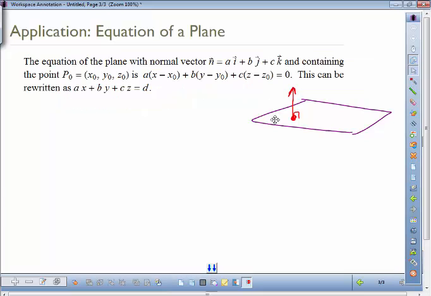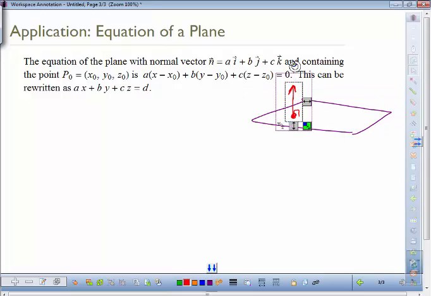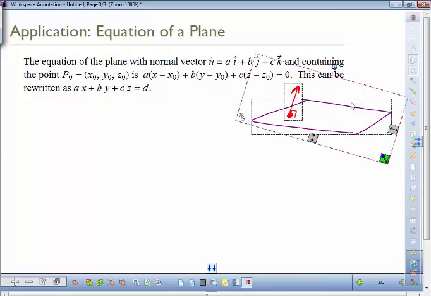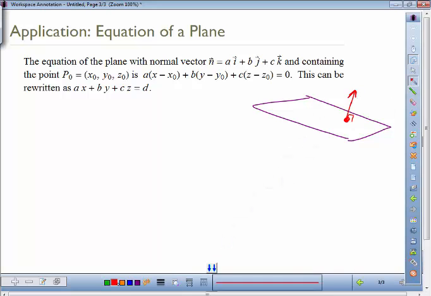Let's see if I can illustrate what I'm trying to say. If you take your vector and rotate it a little bit, then it's not perpendicular anymore. That means you actually have to take your plane and rotate that as well to make it look perpendicular. So your normal vector, regardless of where it is, kind of dictates the direction of your plane. So the only other thing you need is a point.